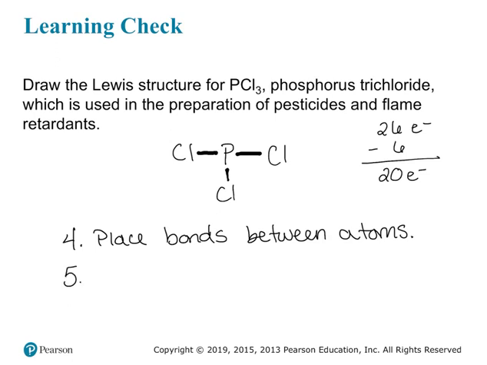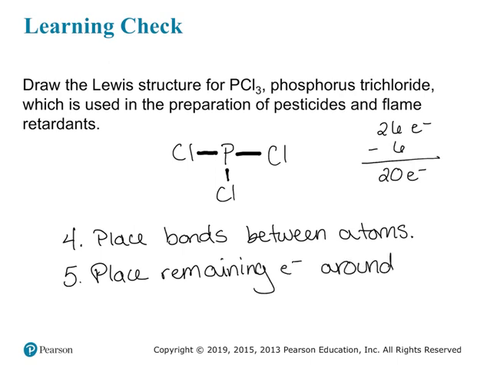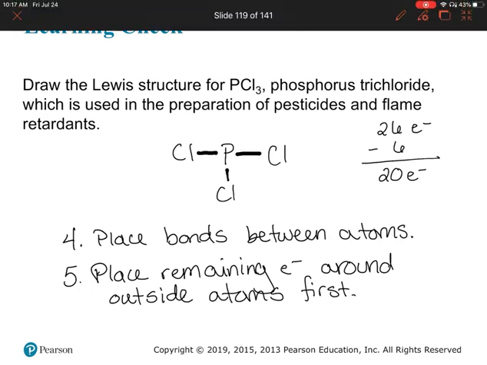So in step 5, we're going to place the remaining electrons around outside atoms first, and then if we have any leftover electrons, they'll go on the central atom. So here, I'll use a different color for these electrons.